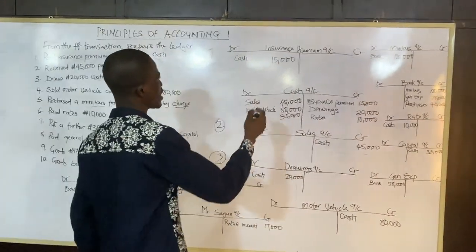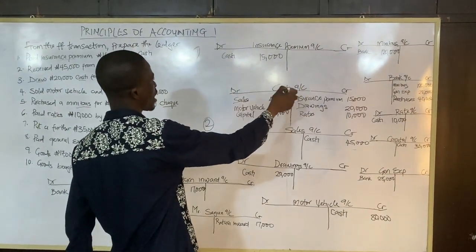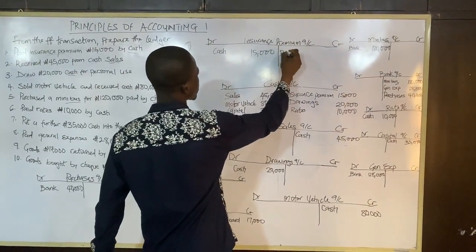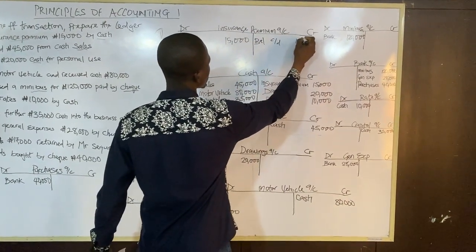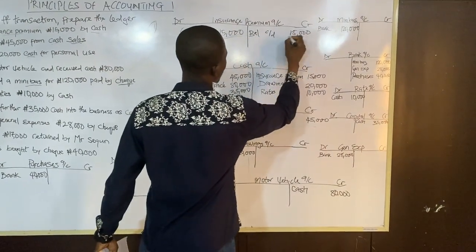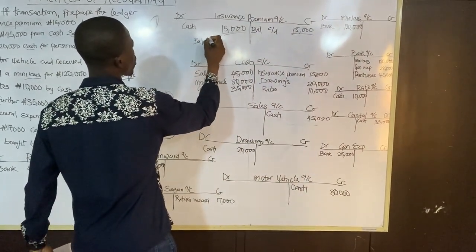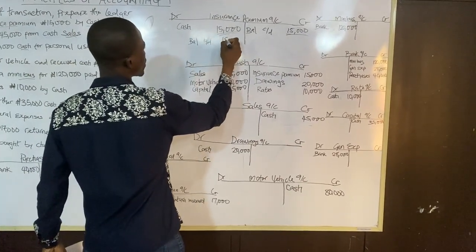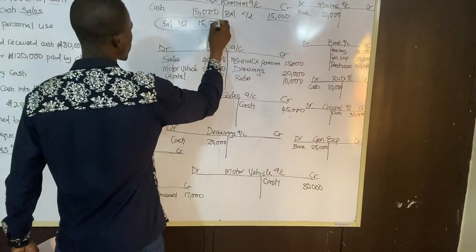So you come here at the end of the month, or maybe the end of the year, you just bring in balance carried down, 15,000 naira, to balance it here. And this is what you now come back again with: balance brought down, 15,000 naira, and this is what is going to your trial balance.